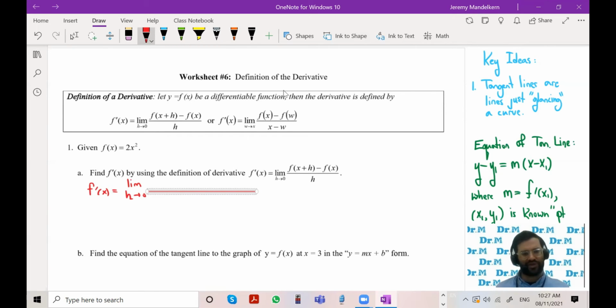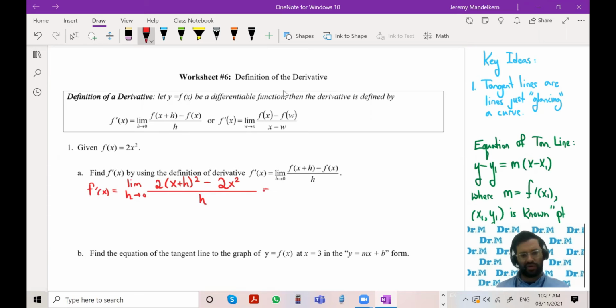So f of x plus h will be 2 times x plus h quantity squared, minus f of x, so that's minus 2x squared. In the bottom, we still have h.